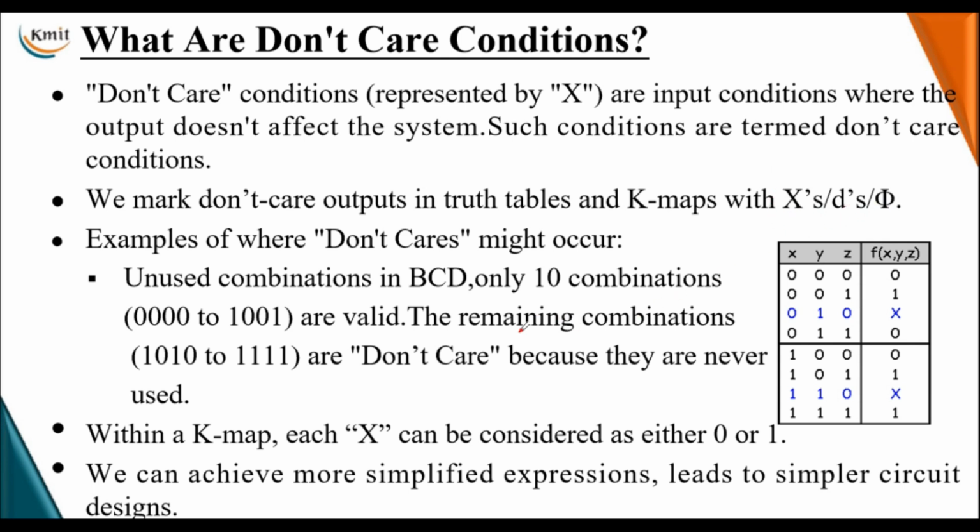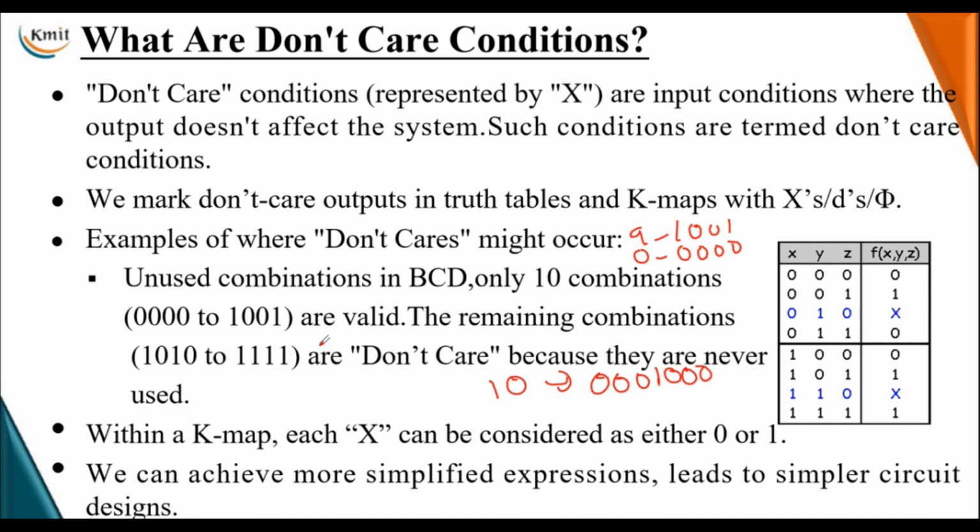Now for example, where these don't cares occur is in your BCD code. In BCD code, we represent decimal numbers from 0 to 9. So 0 to 9 is represented with 4 binary bits: 0 is represented with 0000 and 9 is represented with 1001. Now 10 in BCD is represented with 8 bits, not with 4 bits.